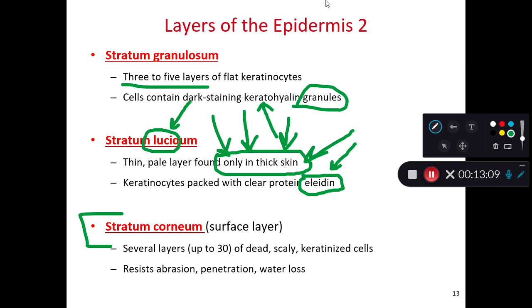So we have just a few layers of cells in the stratum corneum in our eyelid. But then think of those people with really thick, cracked heels. They can have 30, 40, or sometimes even 50 to 100 layers of cells. But those are typically a homeostatic imbalance situation because their heels are so thick, the epidermis is so thick that the heels start to crack and bleed. And that's not necessarily the best thing.